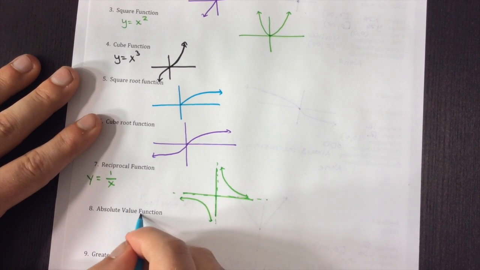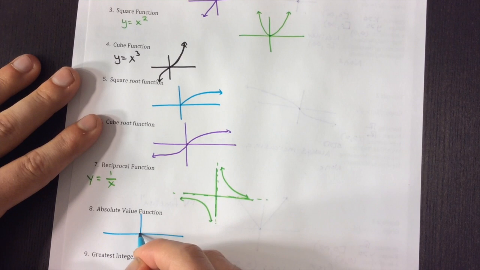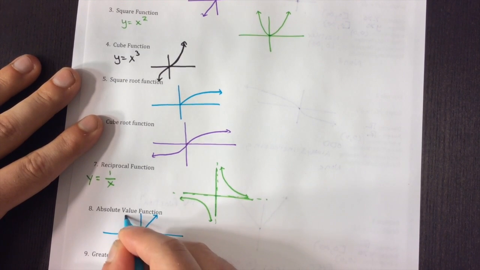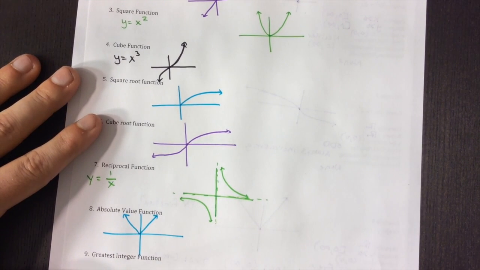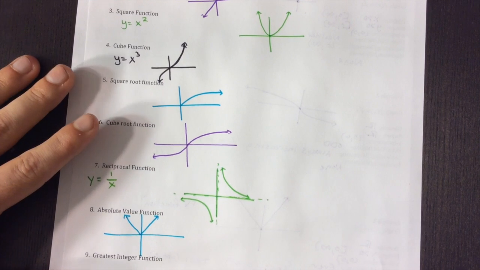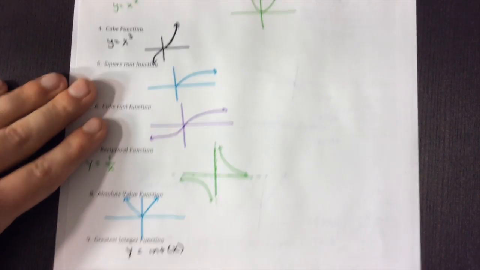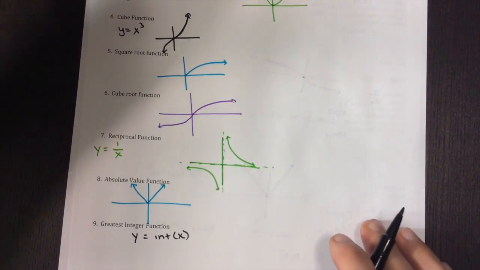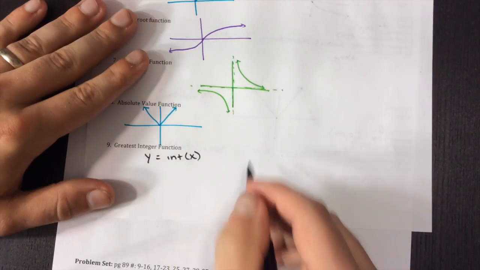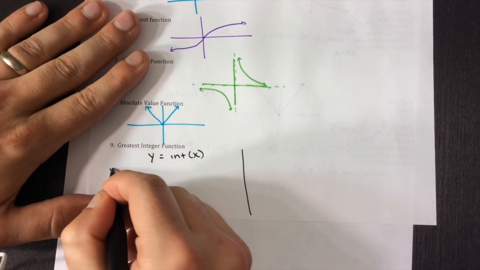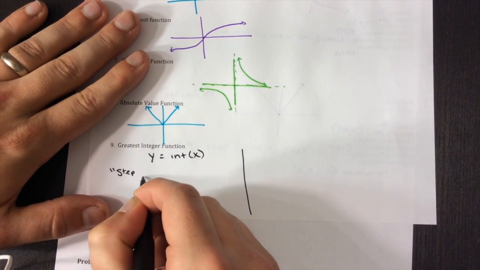Last two, absolute value, which we graphed on the front. Absolute value looks like a v. And our greatest integer function. So this one looks like y equals int of x. And it only gets out integer values. So this is often referred to as a step function.